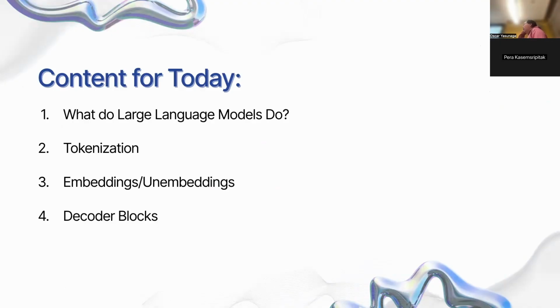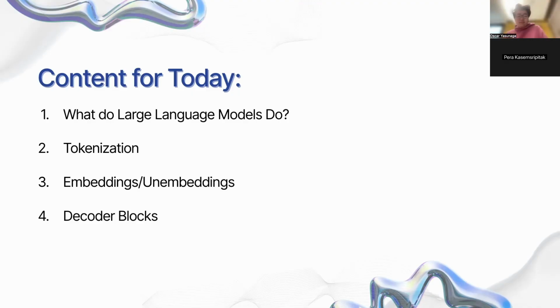If we have time, we'll go over decoder blocks, but we'll probably go from 1 to 3. And I'll try to provide some general, high level understanding of what the embeddings and unembeddings are doing.